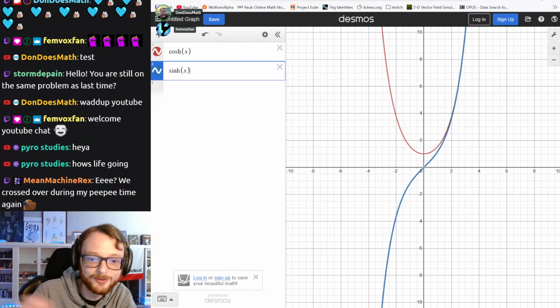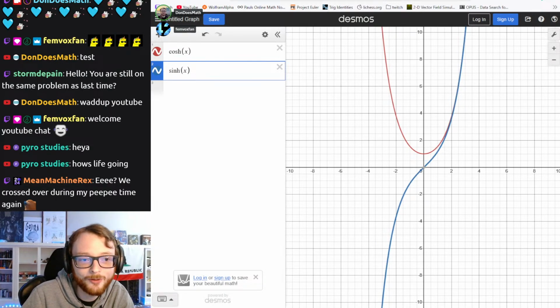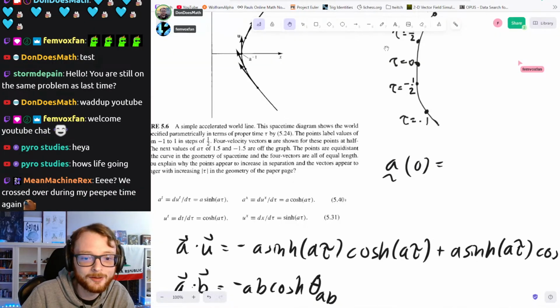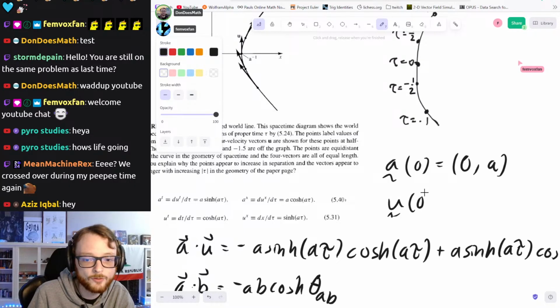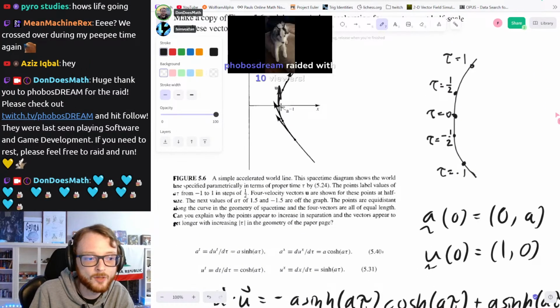Cosh, cinch. Okay, cosh of zero. That matches with sine and cosine. So the time component is cinch, so it's 0 a, because cosh of 0 is 1. And then just to check, our u of 0 is 1, 0. And so 1, 0 matches up with that u there.